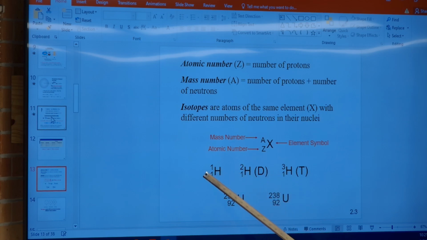So for those atoms from the same element but with different mass numbers, we give the name isotopes. Now you can understand why I used the family name and member to explain to you the relationship between atom and element. A very, very good example.